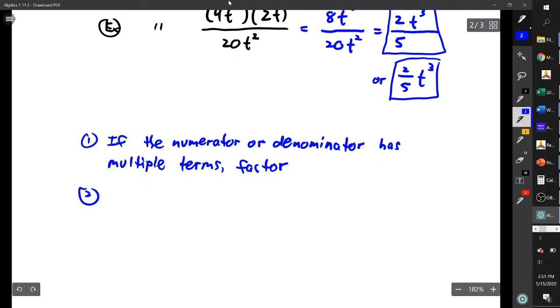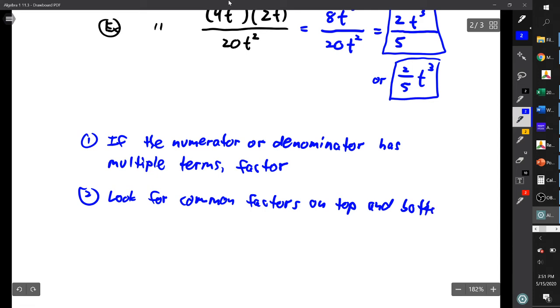Then look for common factors on top and bottom that can cancel each other.